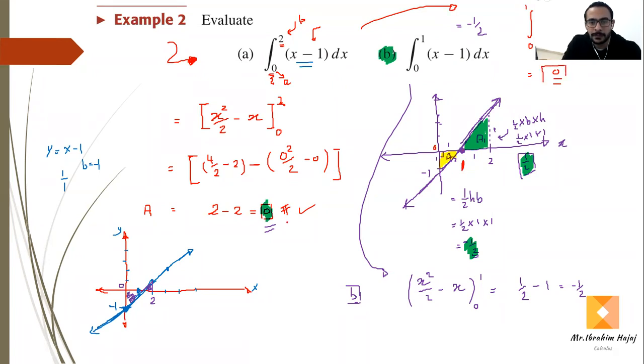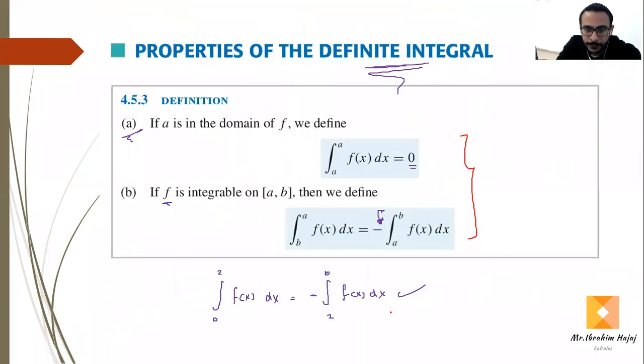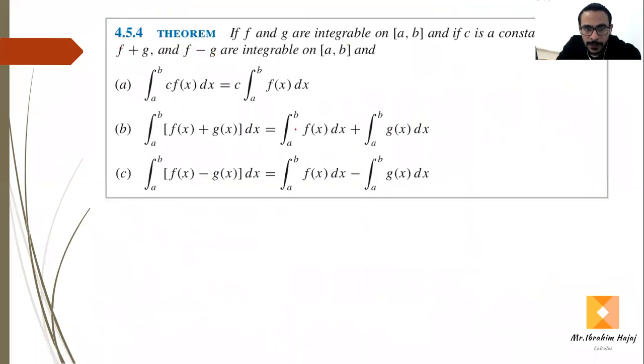It's the same if you did it directly, using these properties. The area above is positive half and the area below is negative half, so they cancel each other and we say the net area is zero. We took two properties and used them. There is another property, C: the same properties we took for the indefinite integral apply to the definite integral.